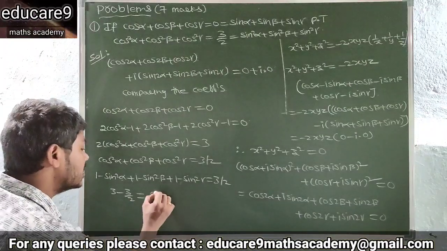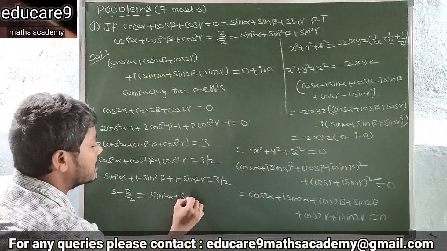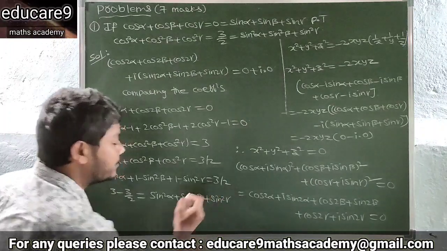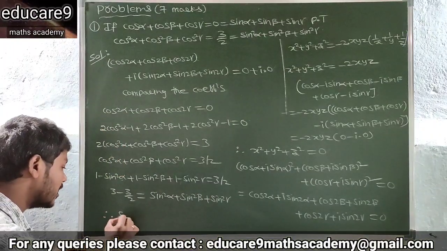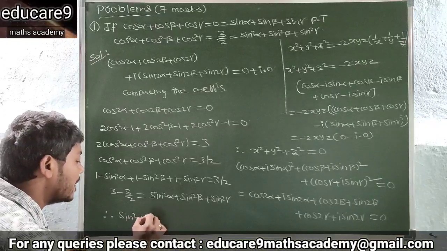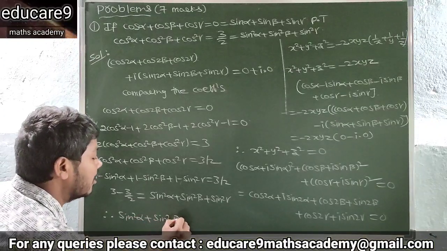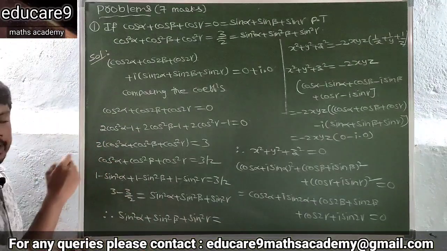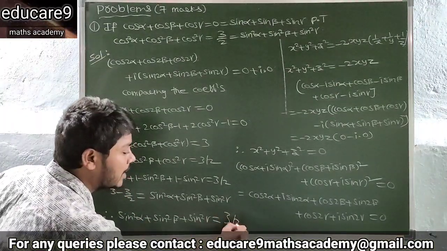Then it becomes sin square alpha plus sin square beta plus sin square gamma value is 3 minus 3 by 2. So you will get 3 by 2.